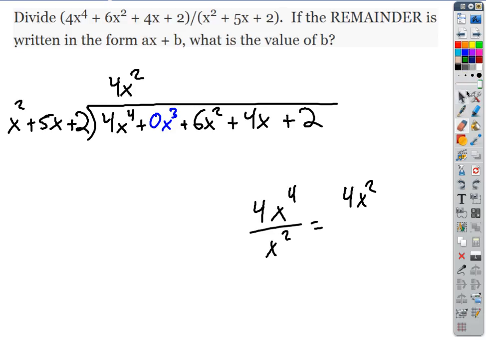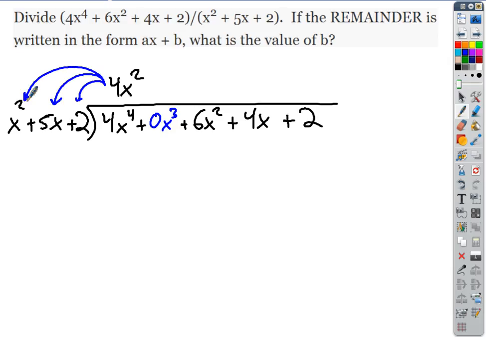So if I distribute the 4x squared all the way through, I get 4x squared times x squared, which is my 4x to the 4th.